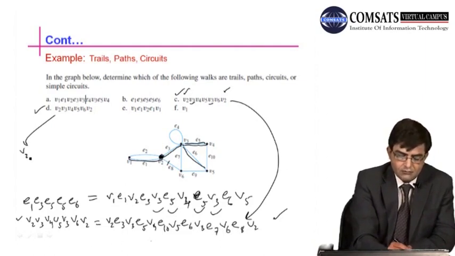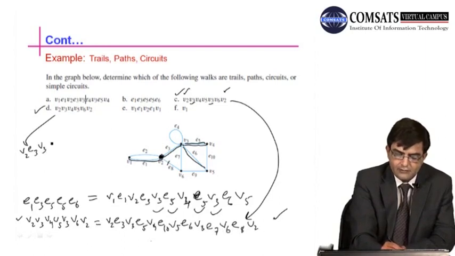So this can be written as V2, E3, V3, E5, V4, E10, V5, E9, V6, E8, V2.